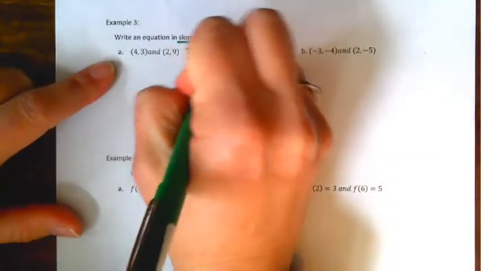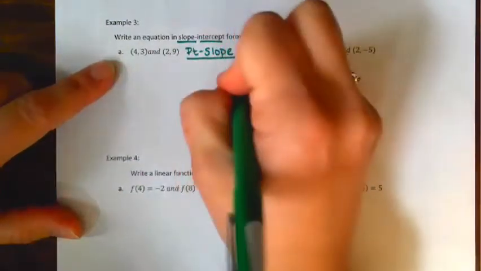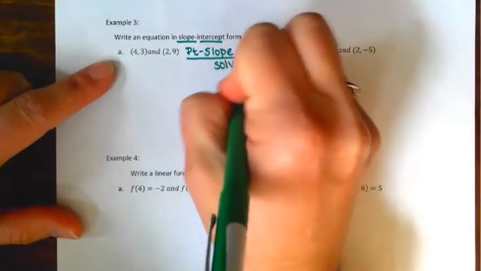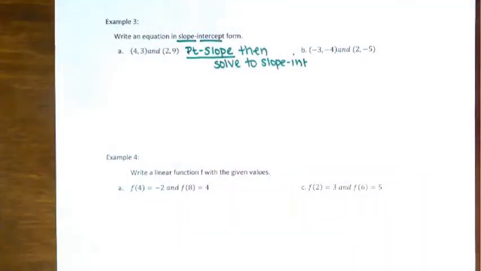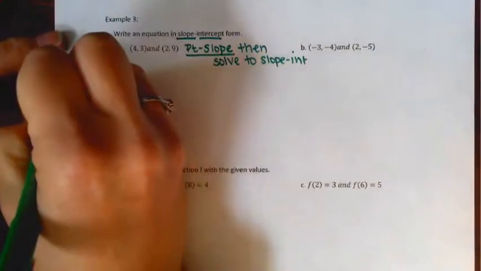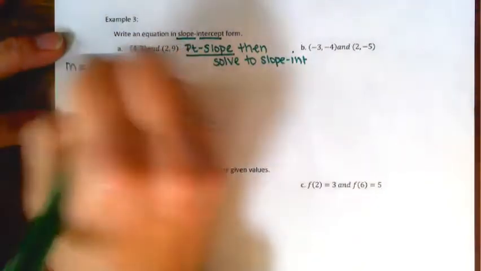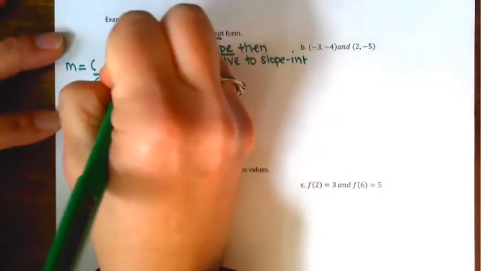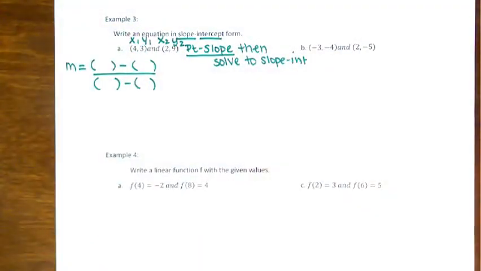So we have to write it into point slope form first, then solve to slope intercept. Okay. So everyone go ahead and find my slope for me, just like you did on the other side. I'll label x1, y1, x2, y2. Go ahead and find your slope for me real quick.